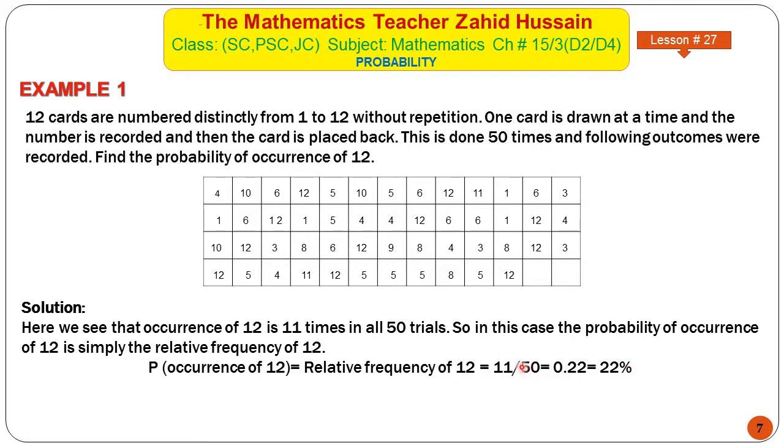You will write the answer as the question demands. It's not necessary that a table is always given. You may be told that a card is picked 50 times and 12 occurs this many times. Find the relative frequency. You will use this formula to find the relative frequency.